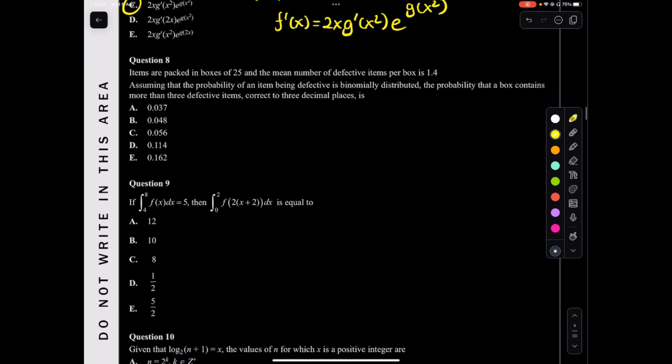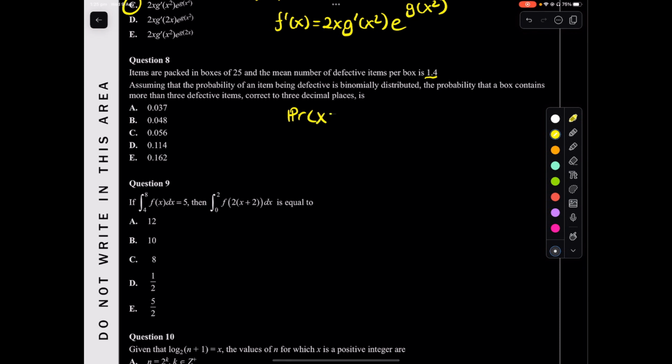Perfect. Items are packed in boxes of 25, and the mean number of defective items per box is 1.4. Assuming that the probability of an item being defective is binomially distributed, find the probability that a box contains more than 3 defective items.